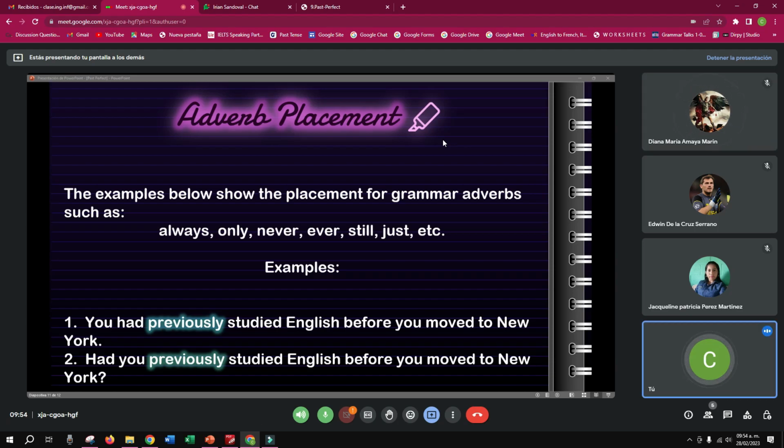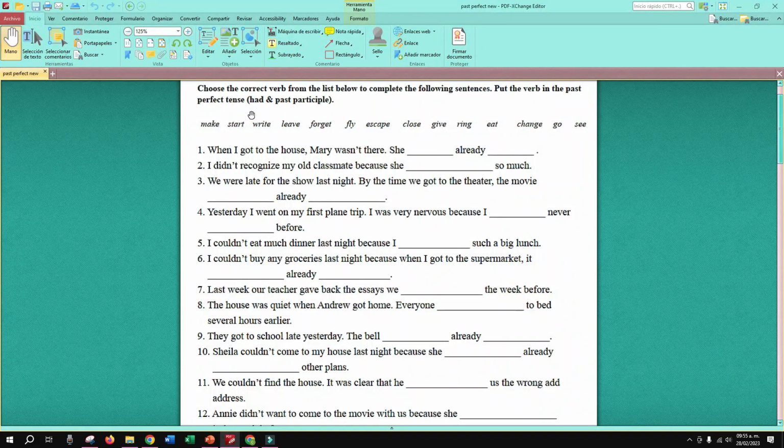No. So let's try to do an exercise. Let's see if we can do one exercise about this. Let me share that. It says, choose the correct verb from the list below to complete the following sentences. But they say put the verb in the past perfect tense.